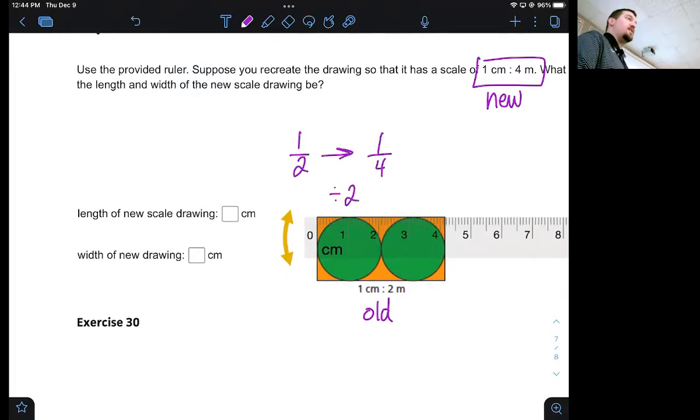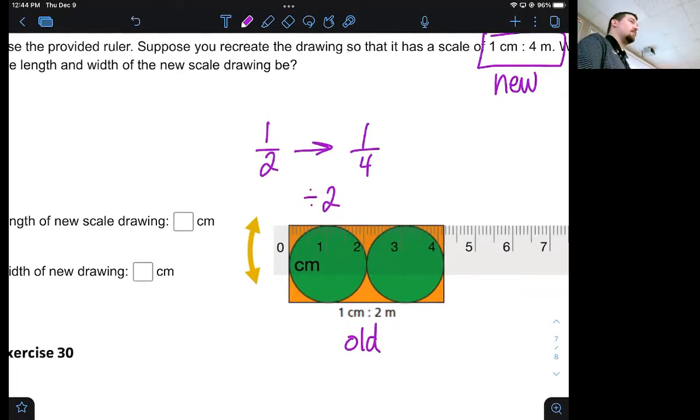If I measure the current length of 4, and my new scale is going to shrink it down by 2, what's the new length going to be? The current length is 4 centimeters. The new scale is going to reduce that in half.